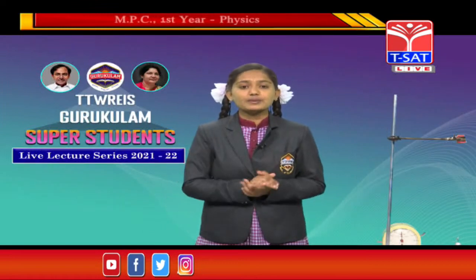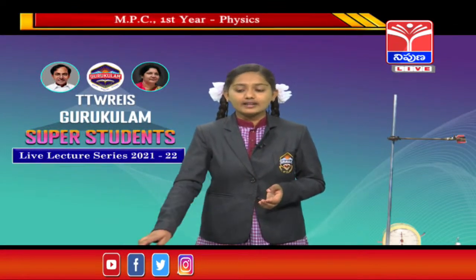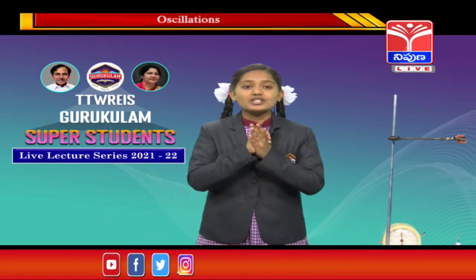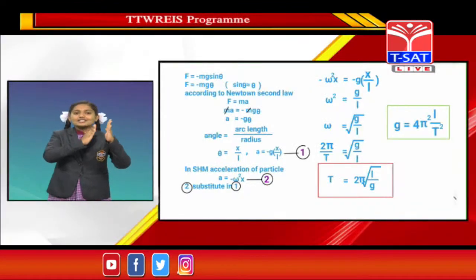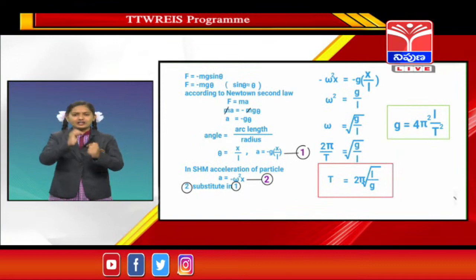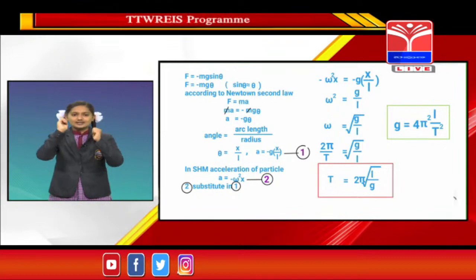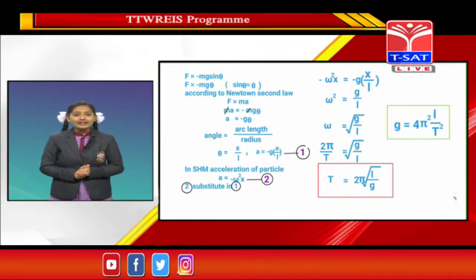Next, from this we get an equation, that is, force is equal to minus mg sin theta. Restoring force is equal to minus mg sin theta. Why do we take mg sin theta here? We can't take mg cos theta, because mg cos theta is perpendicular to the distance, where the angle is 90 degrees.